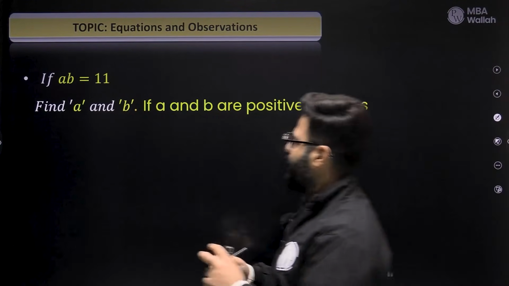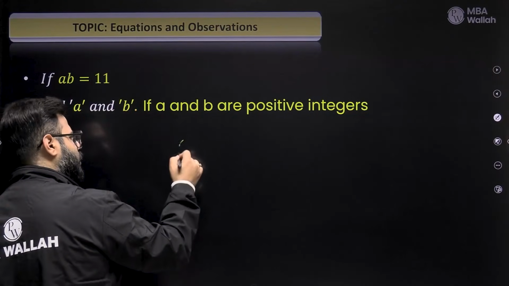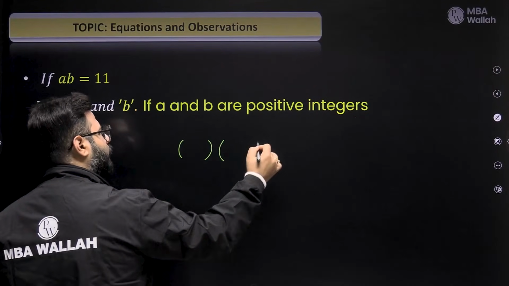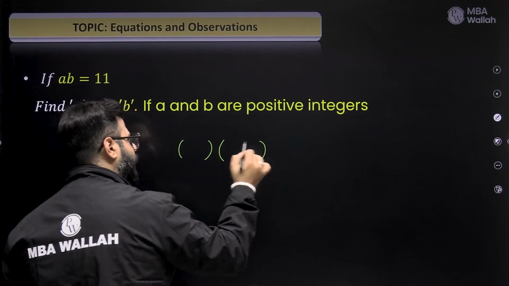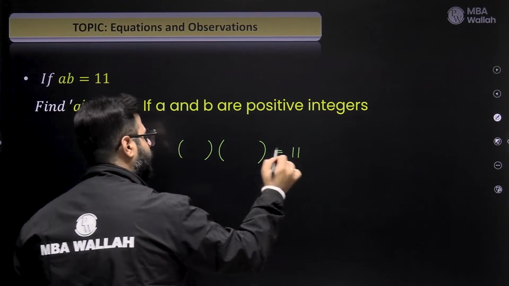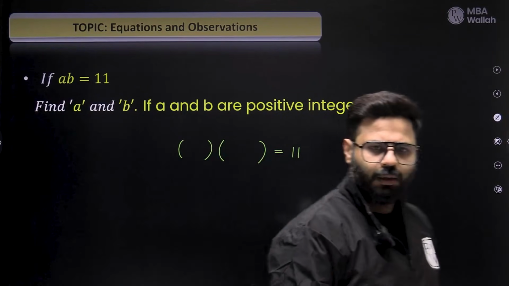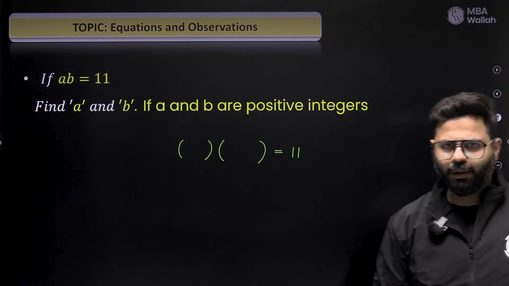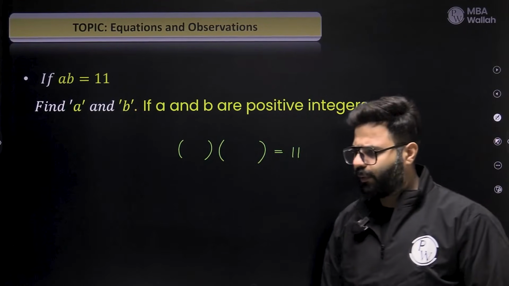Now the idea is, guys, if A and B are positive integers, have a look at this equation. This is nothing but two positive integers being multiplied to get 11. What are the two numbers that get multiplied and yield 11? How can two numbers be multiplied and give us 11?